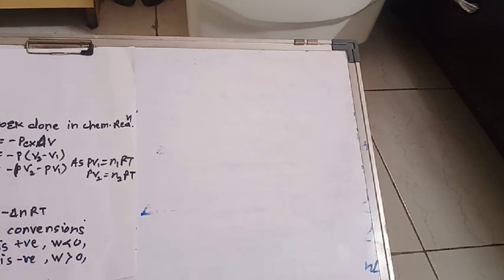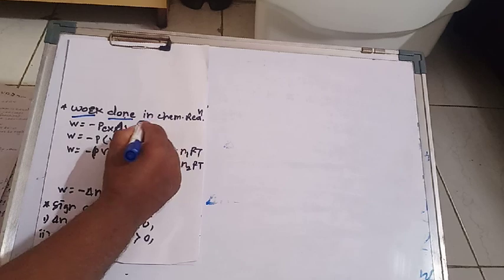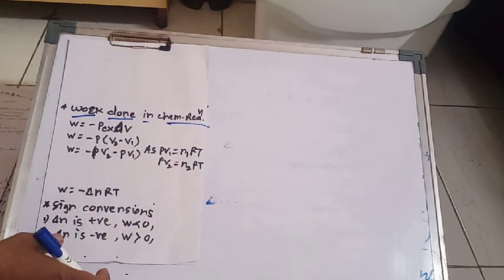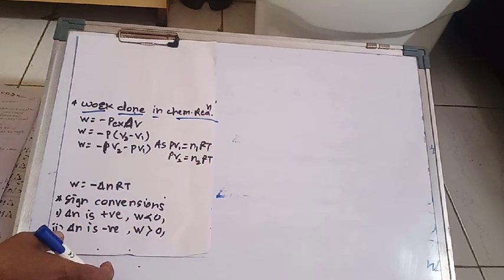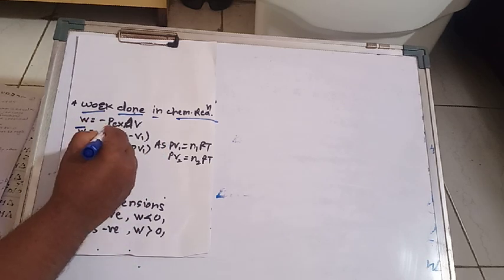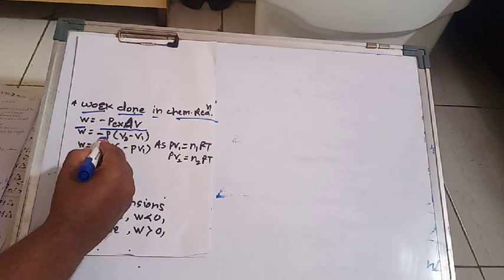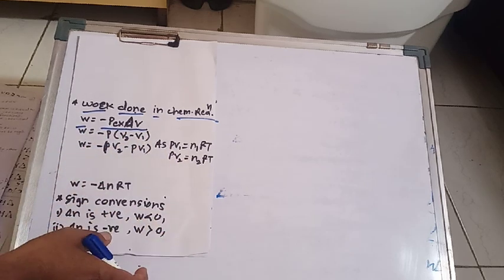Then the next point is work done in a chemical reaction. Work done by a system at constant temperature and pressure is given by W is equal to minus P external delta V. W is minus P into bracket V2 minus V1.